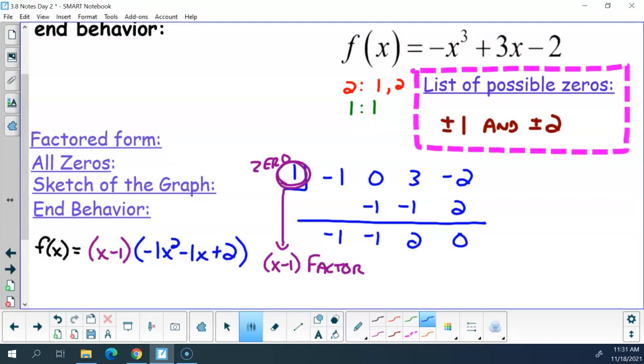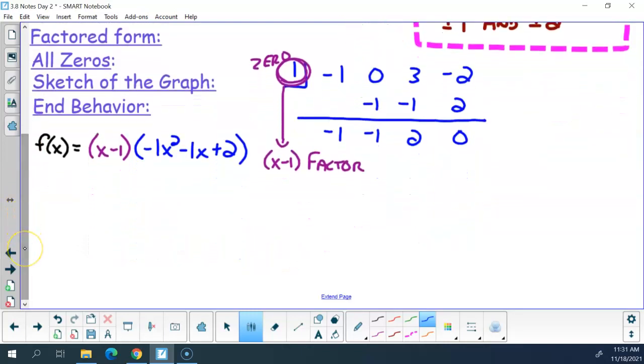Yes? Okay? Now, I'm not a big fan of the negative sign in front of that one. So I'm going to factor out a negative 1. And that's going to leave me with x squared plus 1 minus 2.